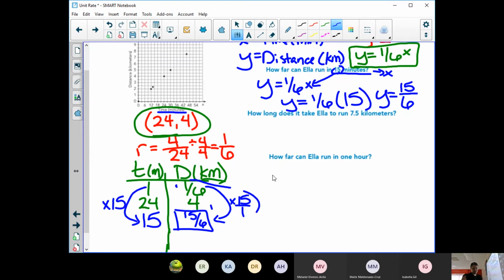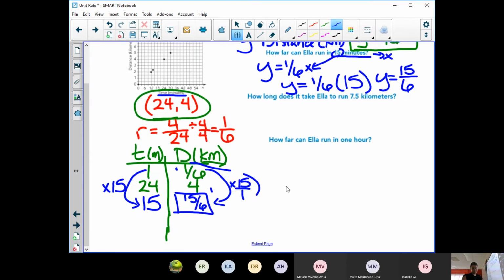Any questions about that? All right, let's look at the second one. How long does it take Ella to run 7.5 kilometers?